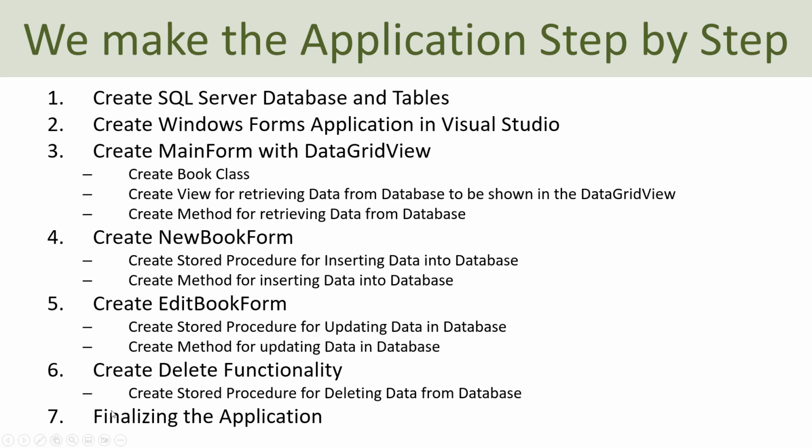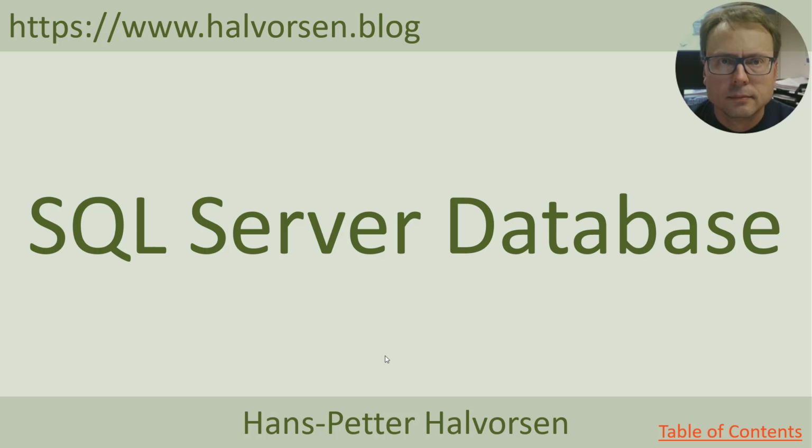And finally we will finalize the application, polish it and make it a professional application. So those are the necessary steps to create a basic CRUD application in Visual Studio as a desktop application. Then let's start by creating the necessary database in SQL Server and the necessary tables.